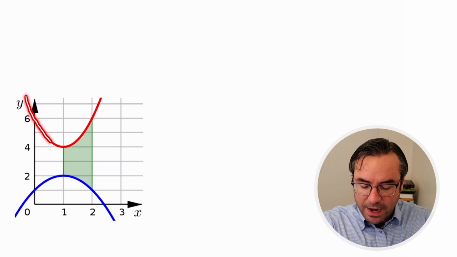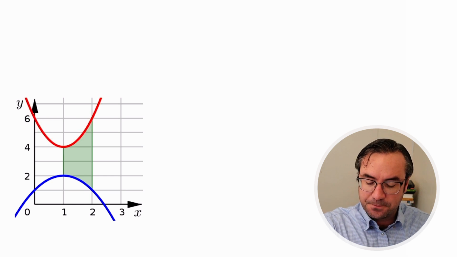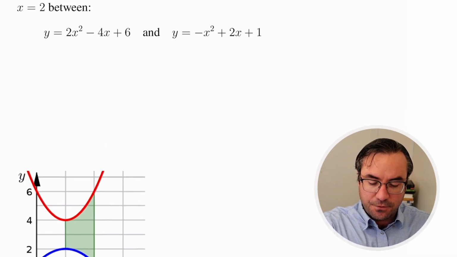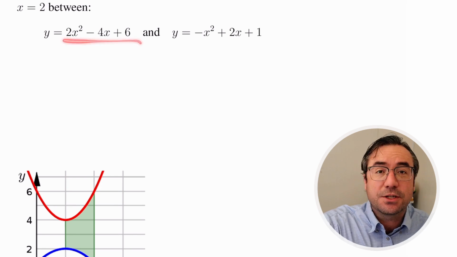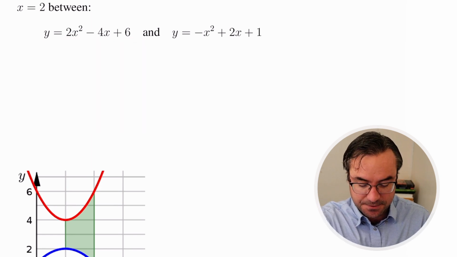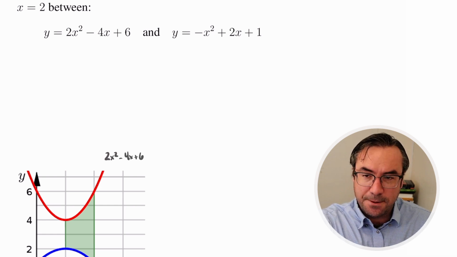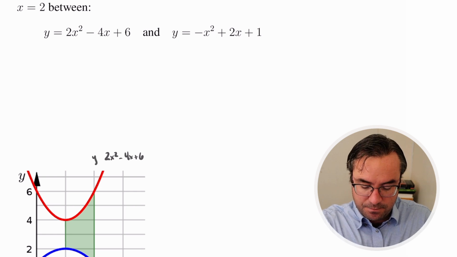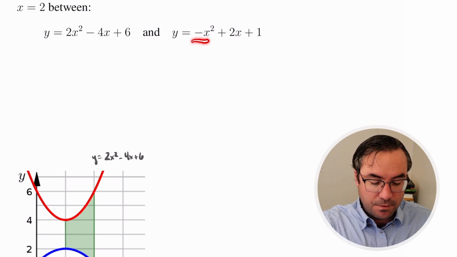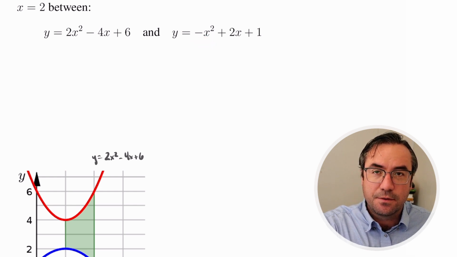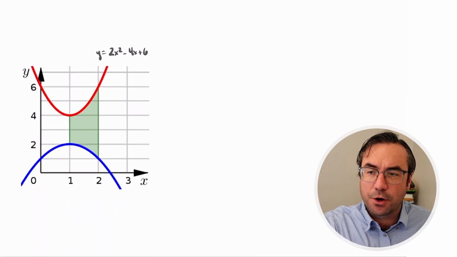And then we have one of the curves, and this is the 2x squared minus 4x plus 6. And negative x squared, that's our parabola that opens downward.